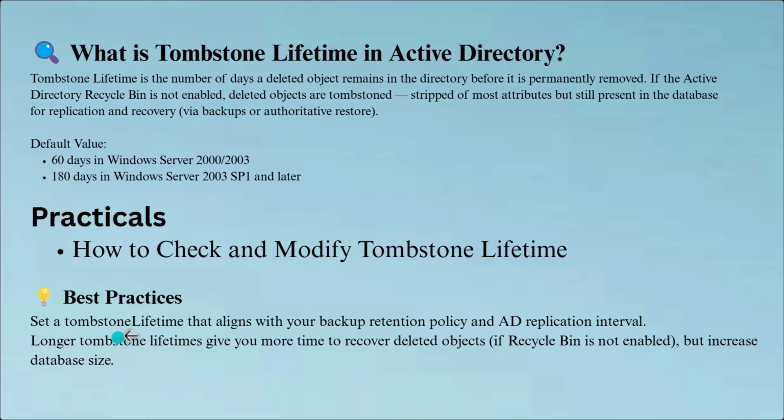Set a Tombstone lifetime that aligns with your backup retention policy and AD replication interval. Longer Tombstone lifetimes give you more time to recover deleted objects. However, it increases your database size. You delete an object, it remains in your recycle bin, it definitely will increase the size. However, 180 days is default and we keep it simple and keep it default.